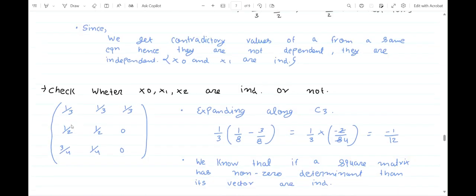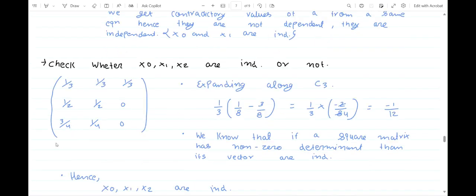Now let's see whether this particular set of vectors x naught, x1, and x2 are dependent or not. To check the dependency again, we will check the determinant. We form a matrix using x naught, x1, and x2, where x naught represents row 1, x1 represents row 2, and x2 represents row 3, and we expand along column 3 as C3 has 2 zeros in it.